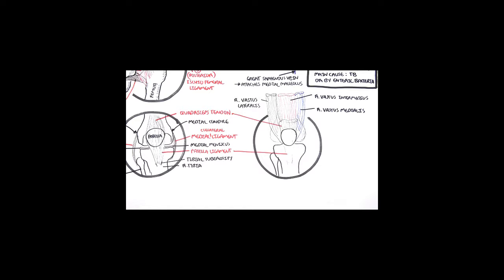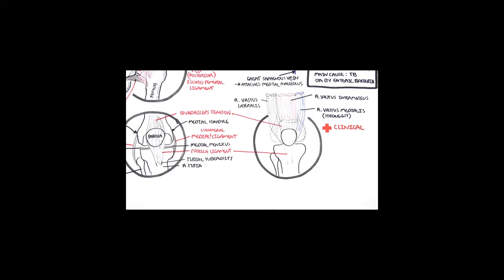This then continues to the patella ligament that runs through and joins with the tibial tuberosity. It's important to point out that the vastus medialis is one of the strongest muscles for stabilizing the knee joint.